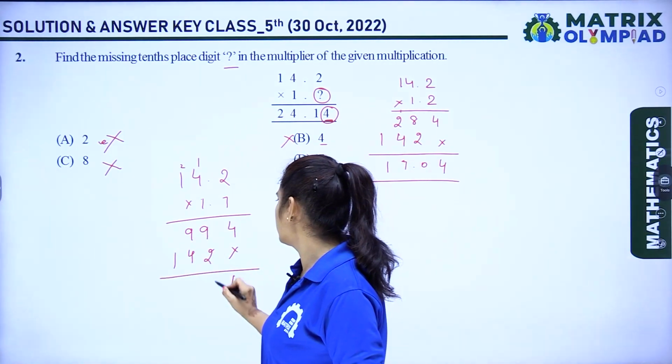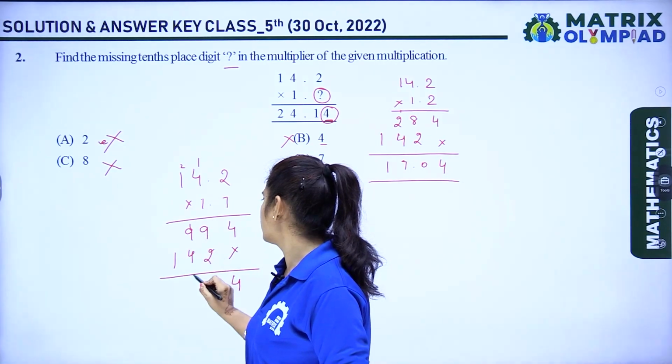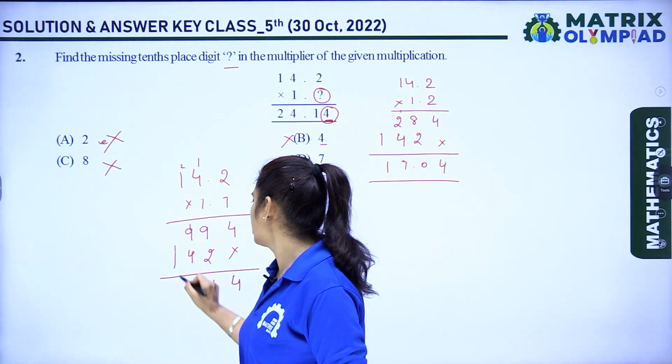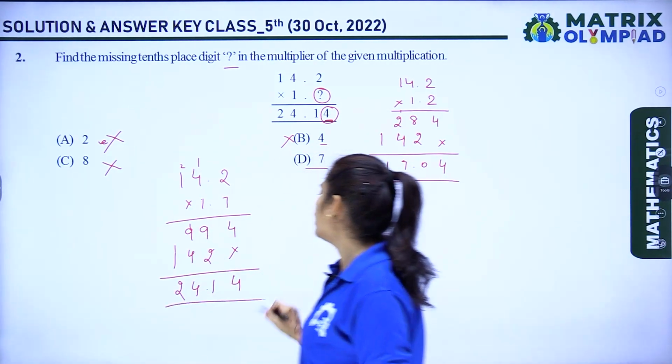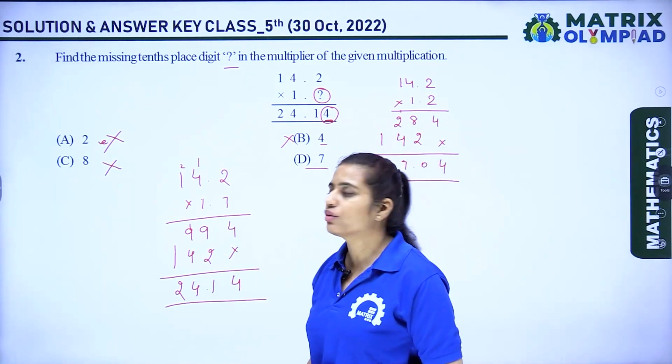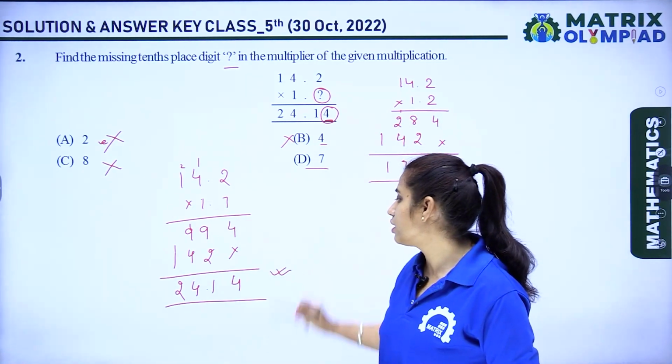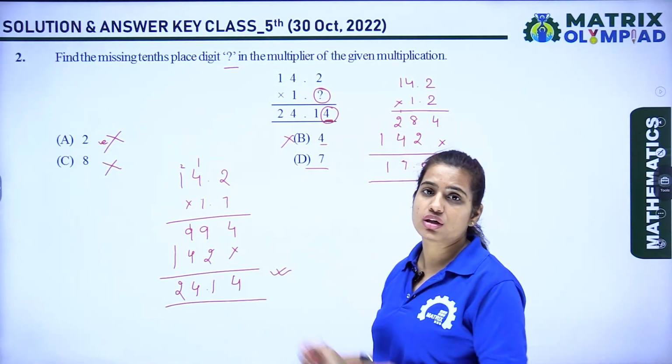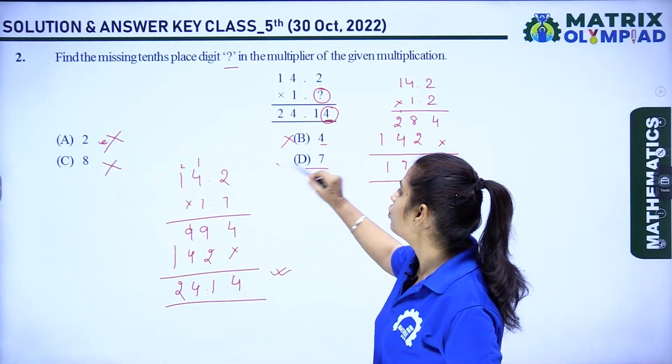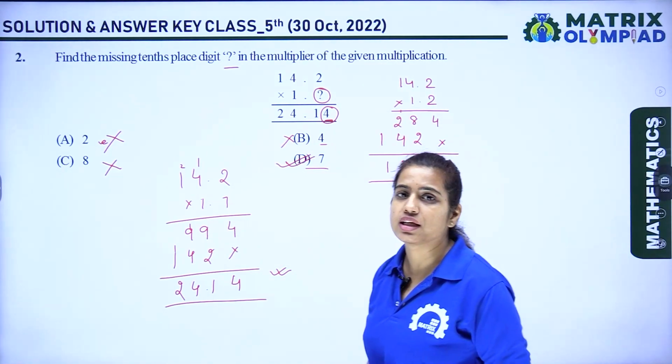Now 4, 11, 14, here it is 2. So here we get 24.14, which is the correct answer according to the question. So here we will go with the option number D.